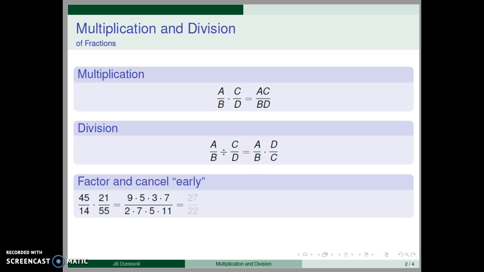Similarly, in the denominator, we substitute 2 times 7 for 14, and 5 times 11 for 55. Now it's easy to see both 5 and 7 can cancel. We get a reduced 27 over 22 for a final answer.